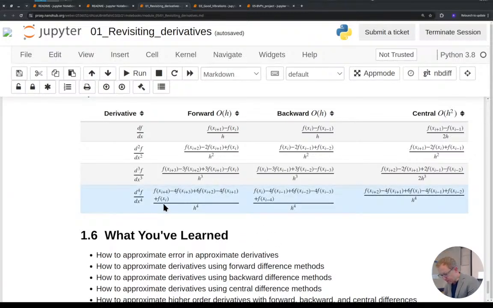If you're taking the fourth derivative of a function, you need 5 data points. So you need your current value and 4 others. If it's central difference, you need 2 in front, 2 behind. If it's forward difference, you need 4 in front of it. Backward is 4 behind it.